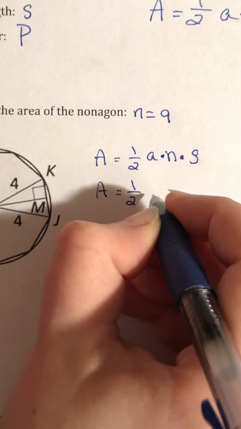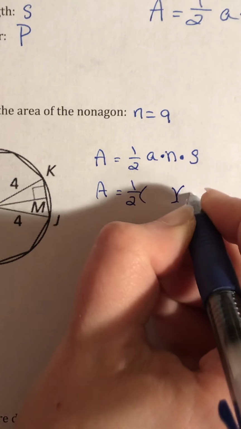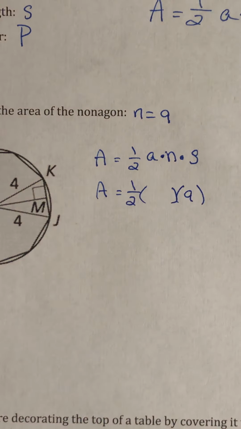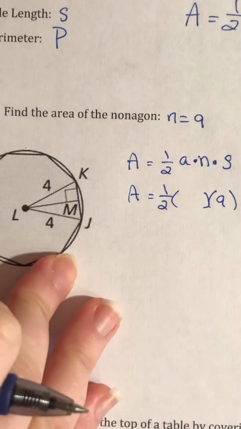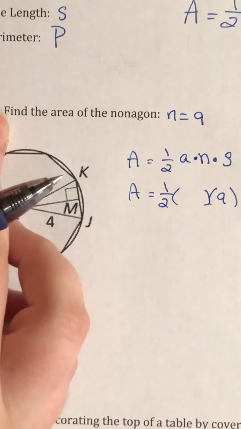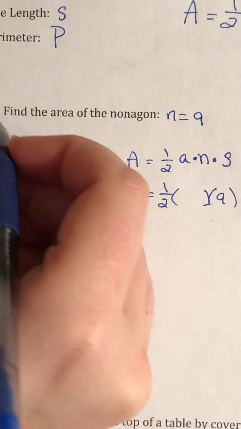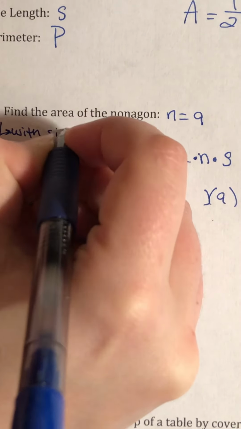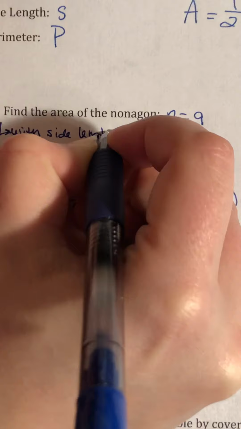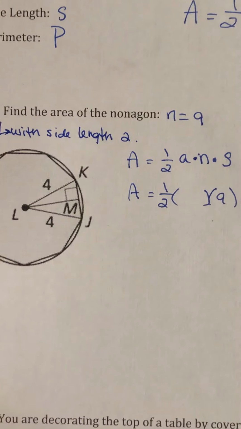I know the number of sides is 9. And side length. Now, side length you could find with right triangle trig, and if we haven't done trig in your class yet, I have to give you that. So I'm going to say with side length 2.